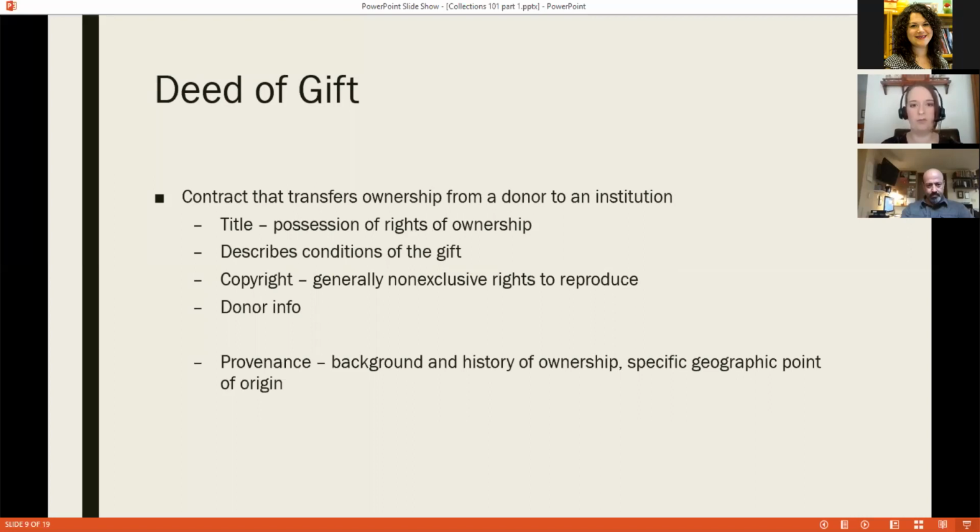But the deed of gift is your starting document in terms of what is this item? Where did it come from? What is the provenance, the history of ownership? And are there any geographic points of origin? This is how your institution builds the history of what this item is. It also gives you a contact point with the donor, so you can go back to them at any point and ask for more information.